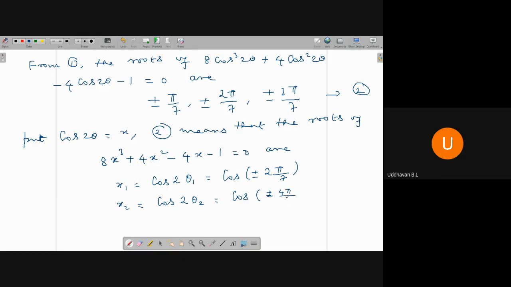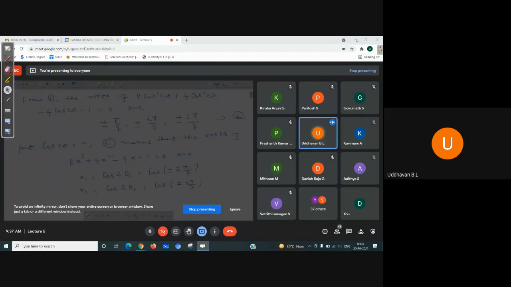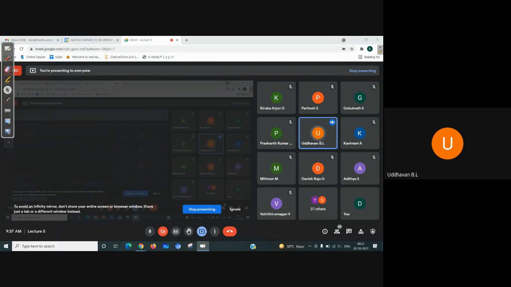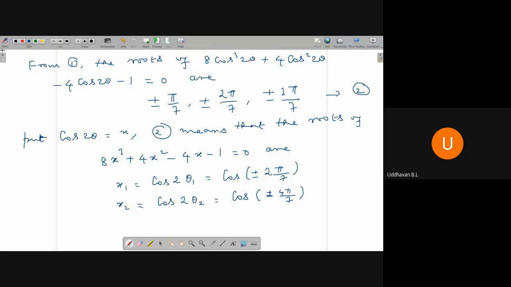Sir, instead of substituting it as x and then giving the values for x as 2 pi by 7 and so on, why can't we directly substitute in the main equation? They have asked for roots cos 2 pi by 7, cos 4 pi by 7, and cos 6 pi by 7. So why can't we substitute theta as pi by 7, 2 pi by 7 and 3 pi by 7?